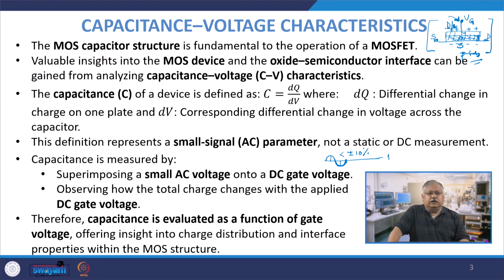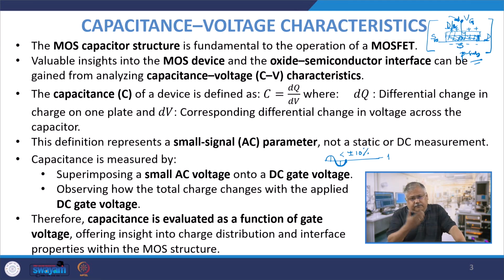That is what is written in the next two points here. Superposing a small AC signal voltage onto a DC gate voltage is what we are trying to do. We assume that within the small change in the AC voltage, the capacitance will be linear, held constant. So you change the bias and then check the change in the charge available on the capacitance side.